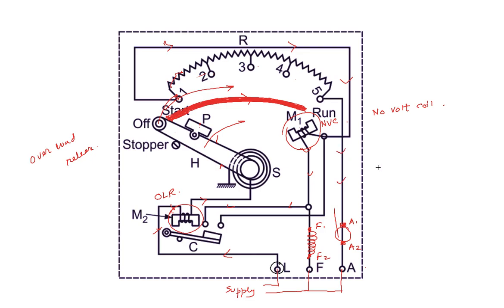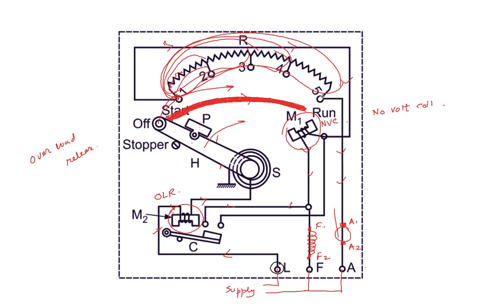The current flows through the armature winding, but it gets this amount of external resistance which we incorporate. As the speed of the DC motor increases, the external resistance which we incorporate from outside also decreases, because as this handle goes from 1 to 2, this portion is out. 2 to 3 means this portion is out. 3 to 4 means this portion is out.